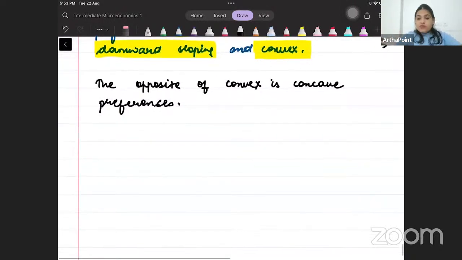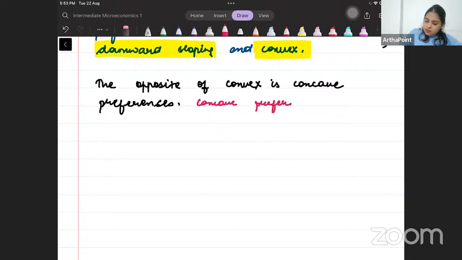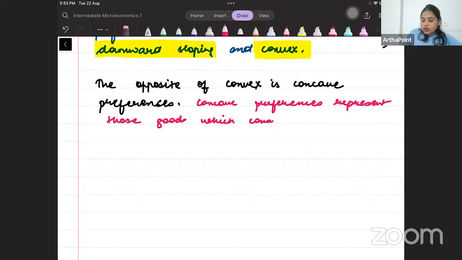कौन से ICs concave होते हैं? When you like the two goods, but you don't want to consume them together. So concave preferences represent those goods which consumer doesn't want to consume together.